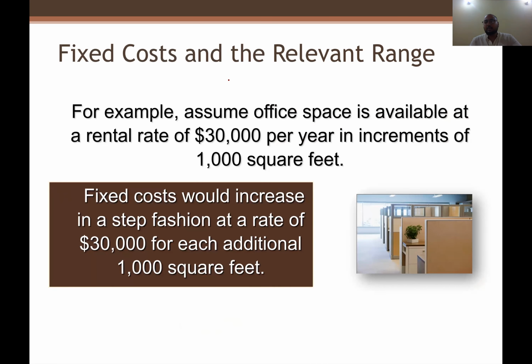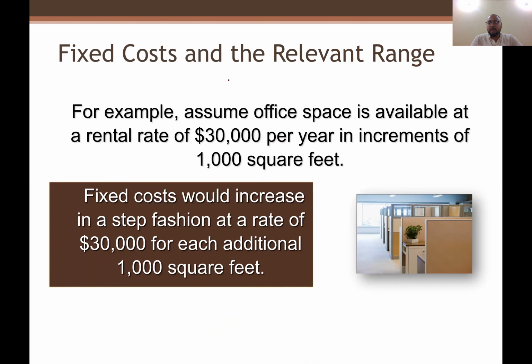So fixed cost and the relevant range, for example, how you can apply that relevant range and all those stuff. So for example, assume office space is available at a rental rate of 30,000 per year in increments of 1,000 square feet. So it means if you want to rent 100 square feet, you cannot rent. At least you can rent 1,000 square feet, right?